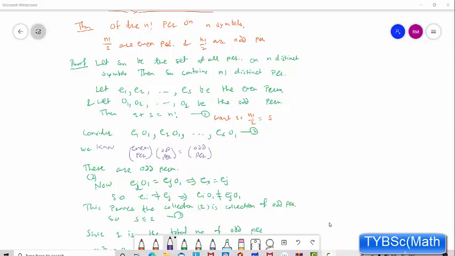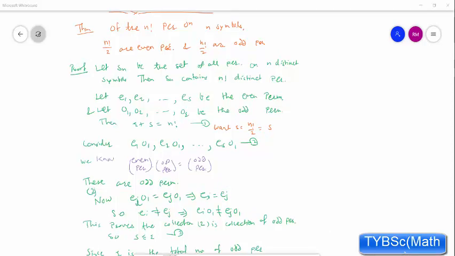Let Sn be the set of all permutations defined on n distinct symbols. Then Sn contains n factorial distinct permutations. This we already observed. Some are even permutations, some are odd permutations.